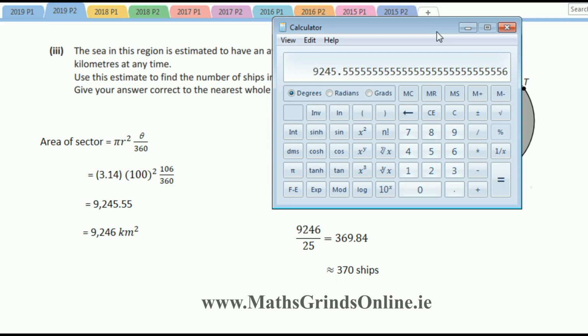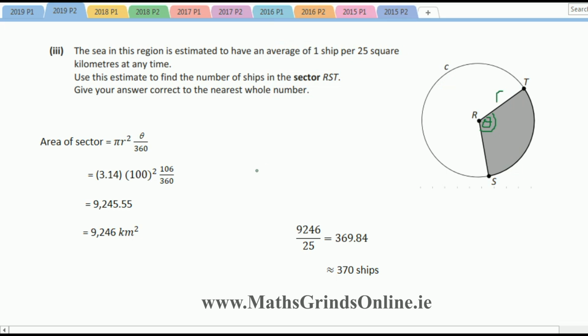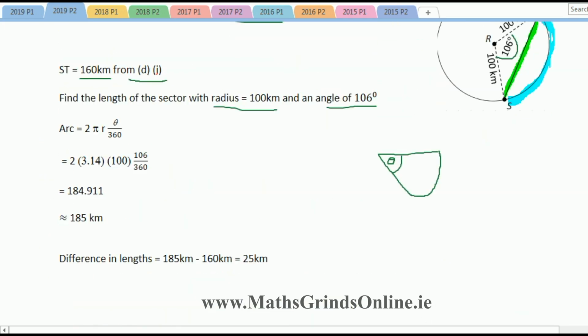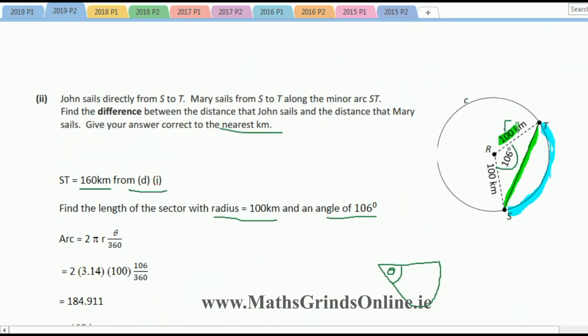And we get 9245.56 to 2 decimal places. The question actually says to the nearest whole number, so we'll round that. It's at 0.56, so we're going to round that up to 9,246 kilometers squared. I'm using kilometers squared as my units because we were given the lengths of these lines as 100 kilometers.